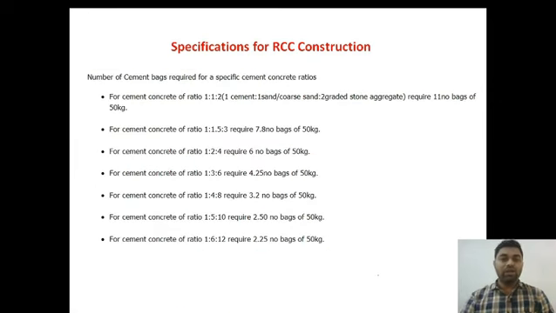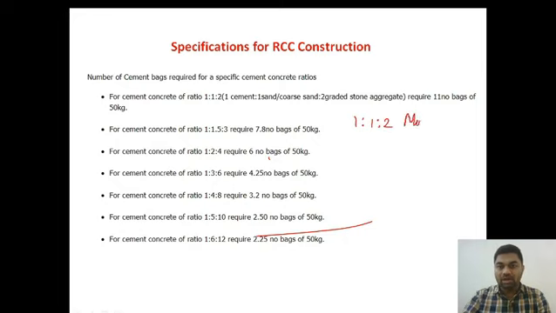Now the next one: number of cement bags required for a specific cement concrete ratio. Let us say we will be calculating the number of bags of cement required for 1:1:2 mix concrete.